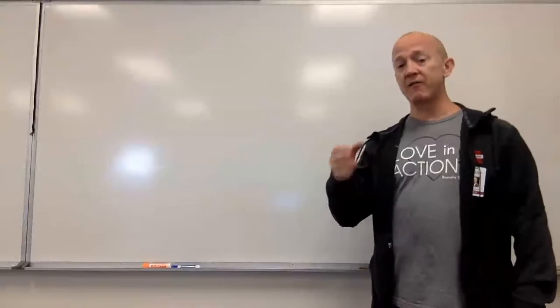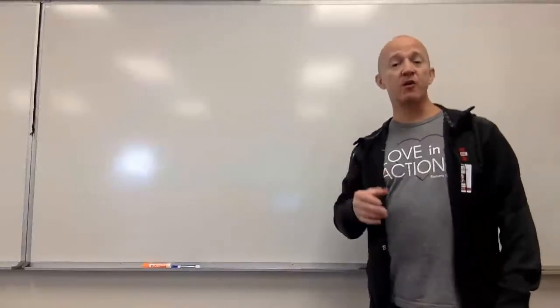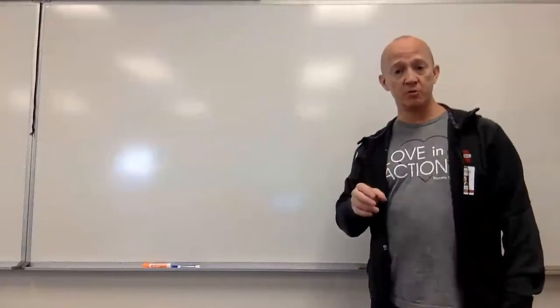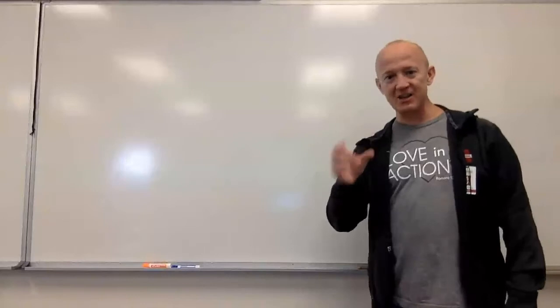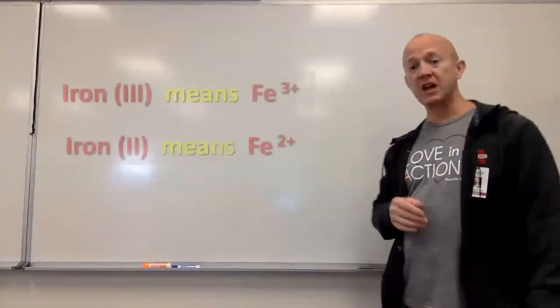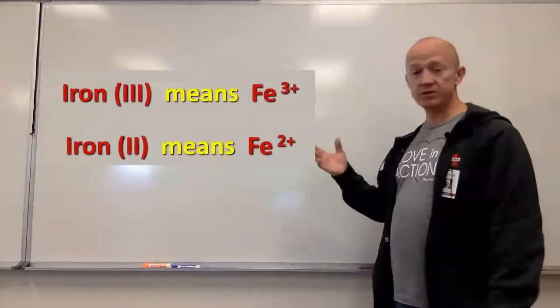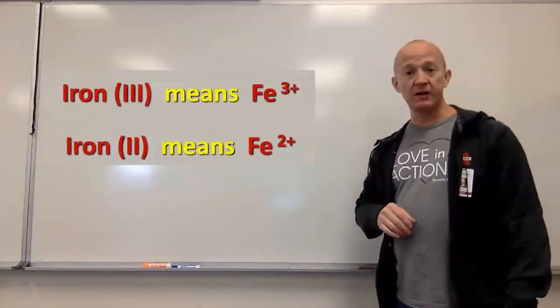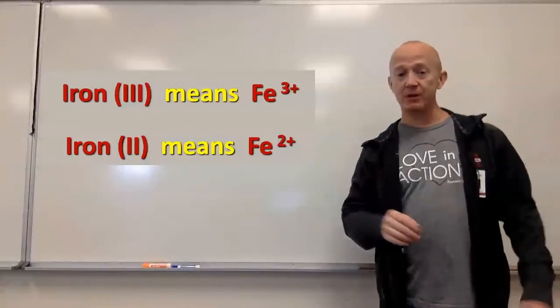But obviously you want to know, what do we do to tell them apart? Well, that's why we have a very special naming system that was developed for just this situation. It involves the use of Roman numerals. The Roman numeral that's used refers to the oxidation state of that metal. For example, if we have iron 3, in other words, iron with a Roman numeral 3, that means we're dealing with the iron ion that has a +3 charge.